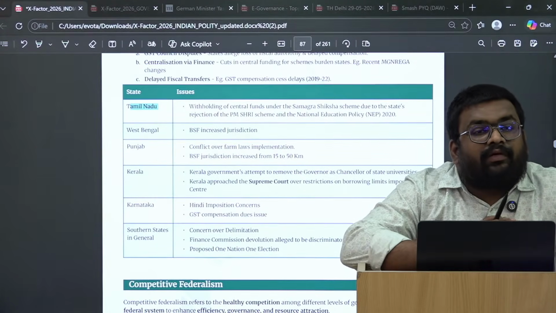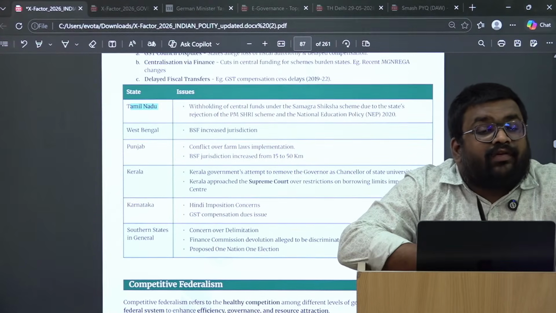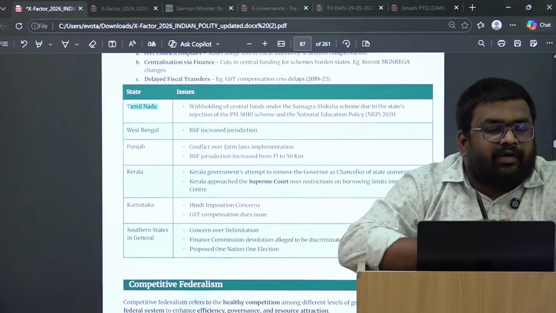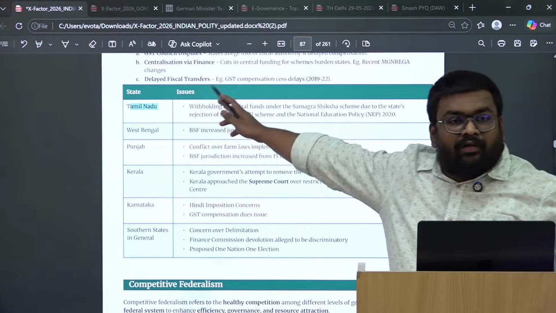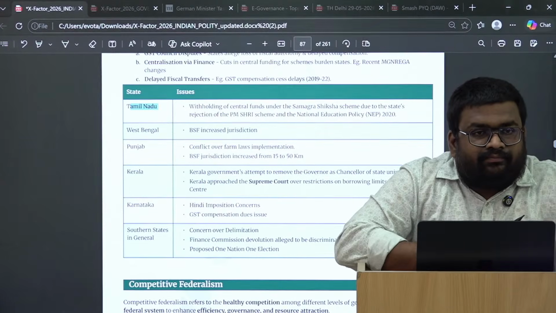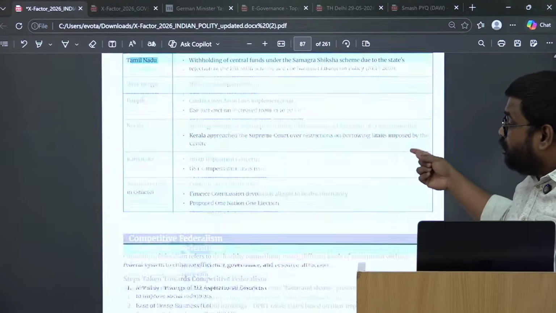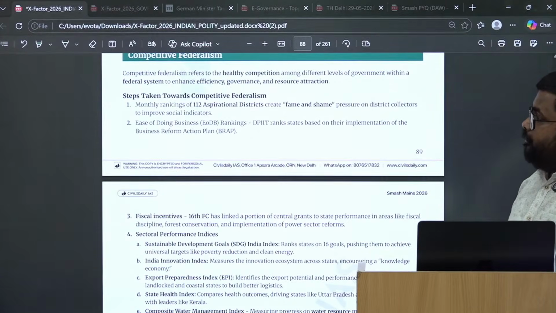So major center state conflicts or major conflicts in recent years, दो ही लिख दो, West Bengal, Tamil Nadu, that will suffice. But इन दोनों का visibility आपका बहुत ज़्यादा रहेगा, right? This is how you have to cover the notes.